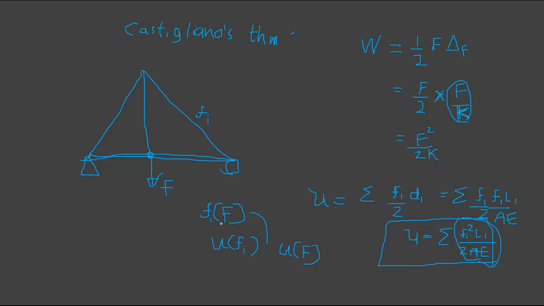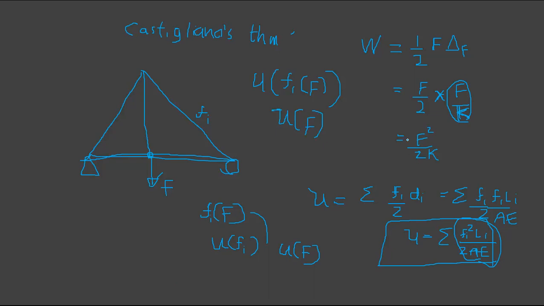So F is a function of capital F and U is a function of simple Fi. So finally you can write U is a function of F.